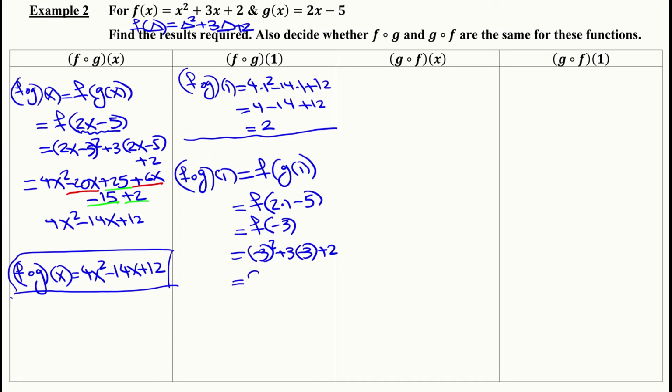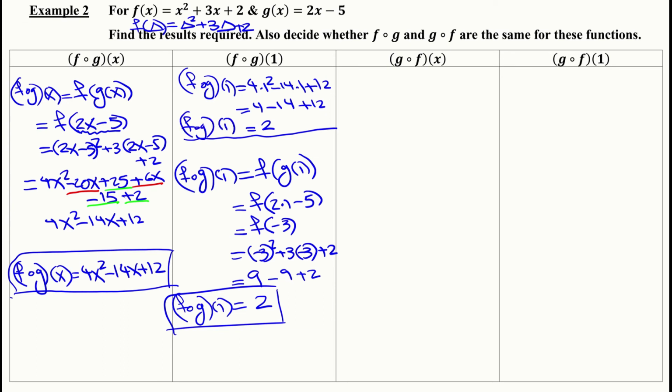Now that's 9 minus 9 plus 2, which of course gives us 2 as we obtained here. So no matter how we go about it, we realize that f circle g of 1 is going to be 2, which is of course the same thing we found here for f circle g of 1.